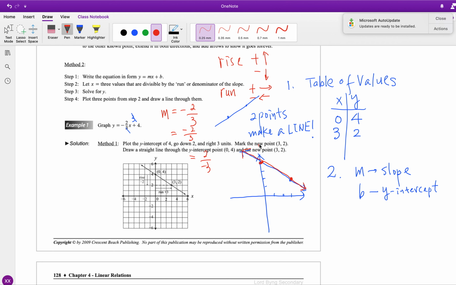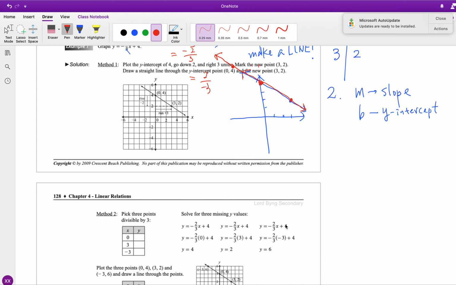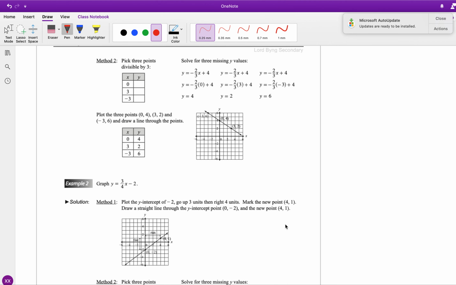And the negative 3, I have to go 1, 2, 3. Well, I have a dot here, but that is the same line. So if you have this dot and this intercept and you connect them, it's always the same line. So that is how we graph.